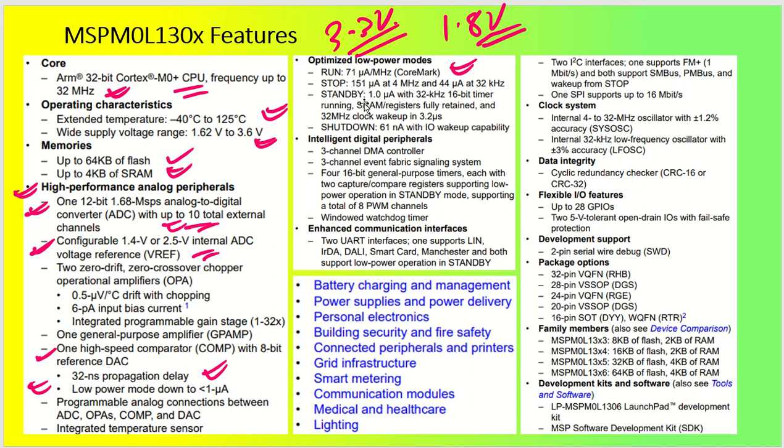It has a standby current consumption of just 1 microampere with a 32 kilohertz 16-bit timer running. So at 32 kilohertz, that is RTC application, it will be consuming just 1 microampere of current. And it has shutdown mode, which takes just 61 nanoampere with IO wake up capability. So IO can wake the device up from shutdown mode.